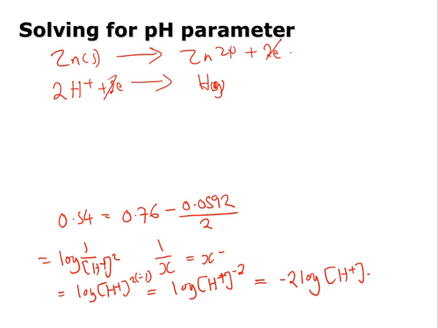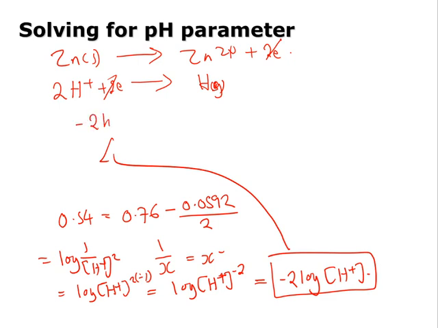Then from here, what you get is minus log hydrogen concentration. From here you know that pH is equal to minus log hydrogen concentration. So we need to convert to this parameter. And how do we do that?